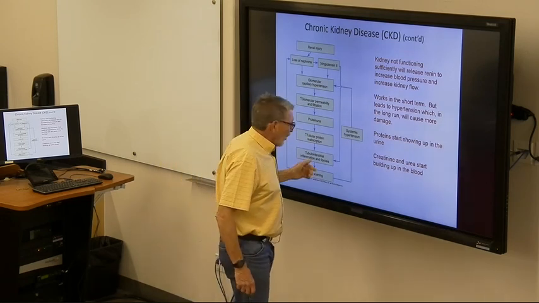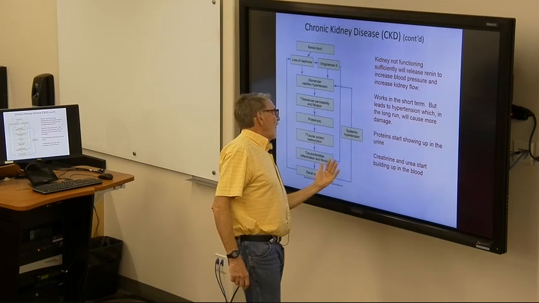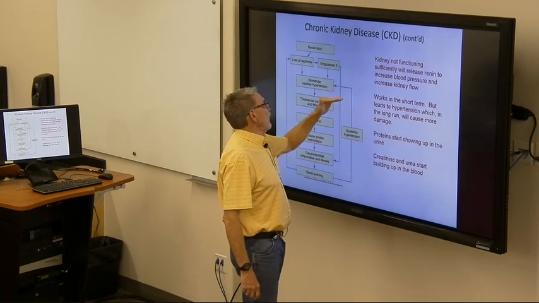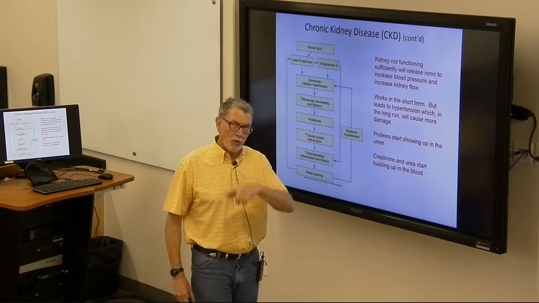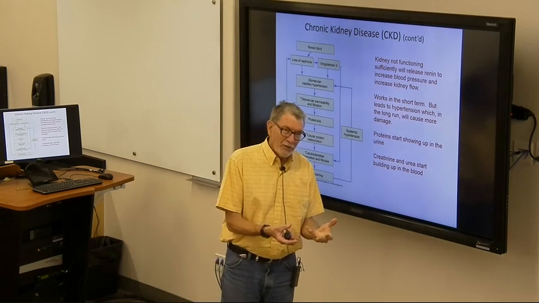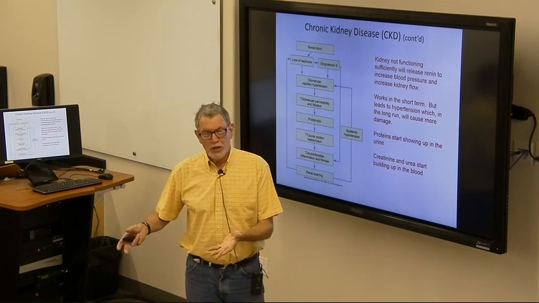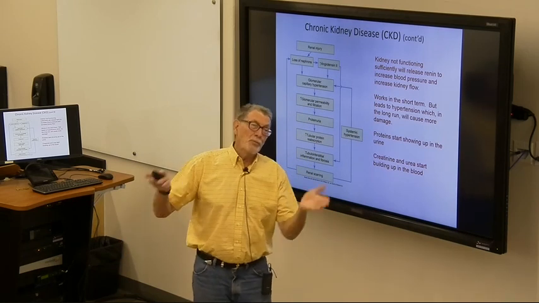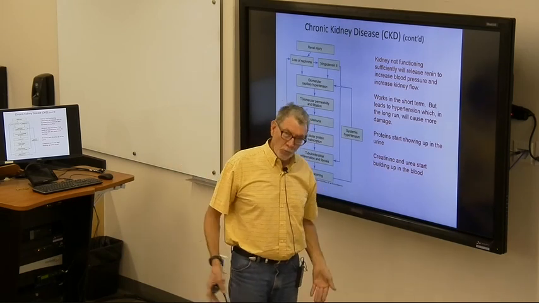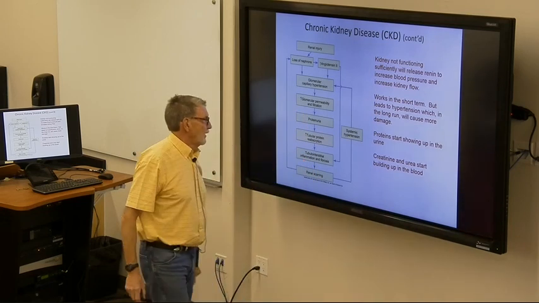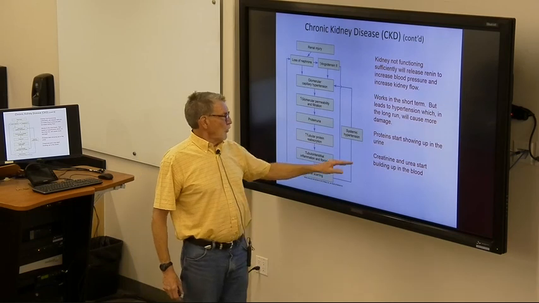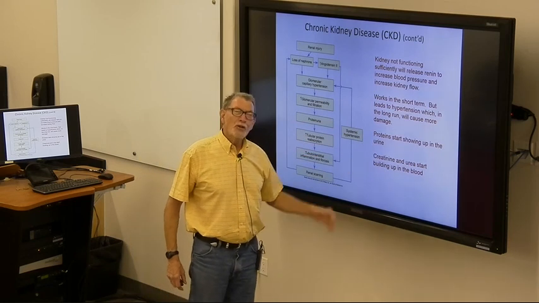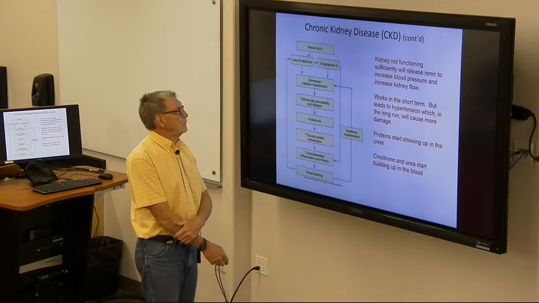And because you're not producing the urine, the hypertension increases the pressure back at the beginning, and it becomes that cyclical problem where the worse your kidneys get, the more your blood pressure is affected, and that blood pressure affects your kidneys, and that makes them worse, and so forth and so forth. Proteins in the urine, creatinine buildup in the blood because you're not peeing it out like you should.